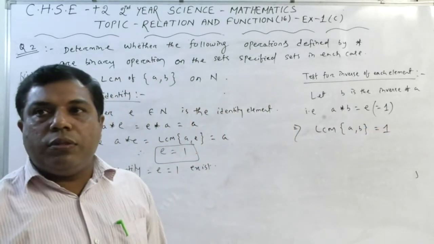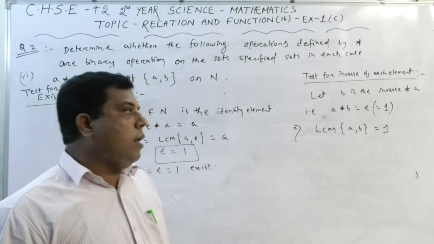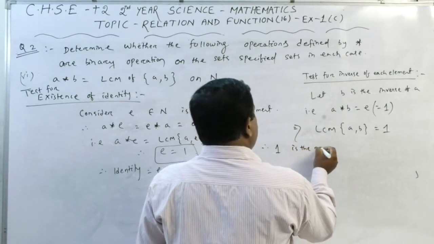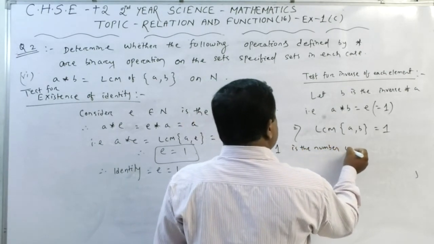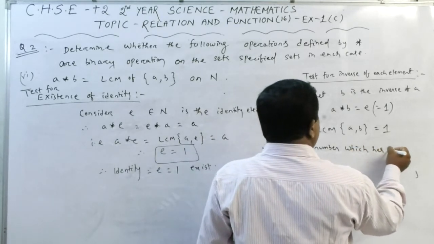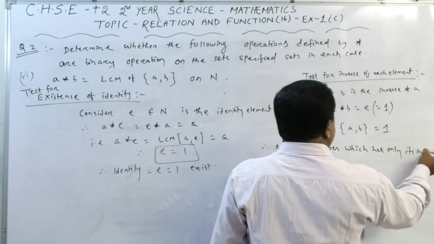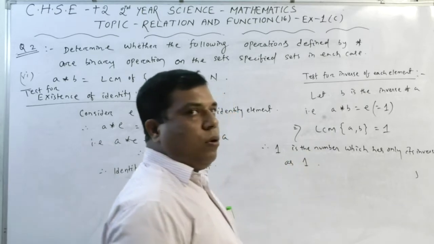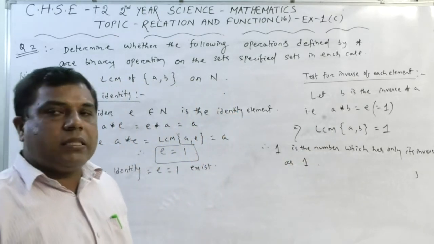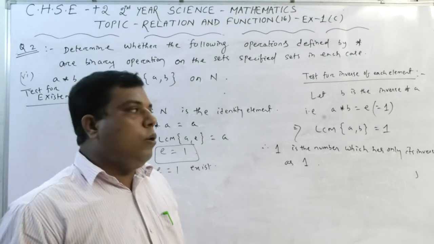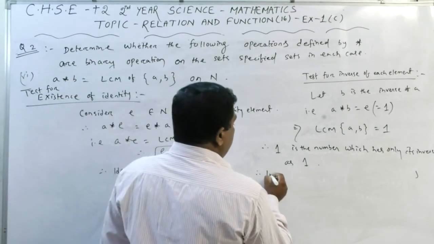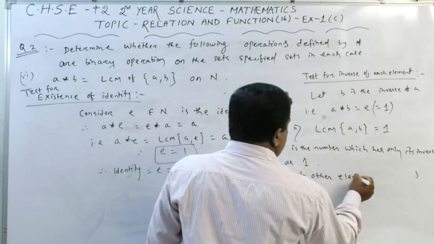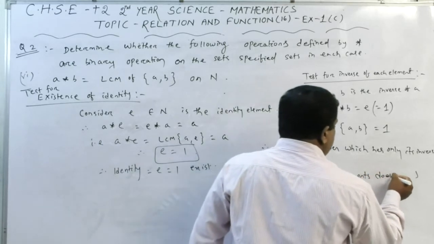Which number operated with itself gives 1? Yes, therefore 1 is the number which has its inverse as 1. So if A equal to 1, then only B equal to 1. In this case only you will find the inverse, in no other cases. Therefore the inverse of other elements does not exist.